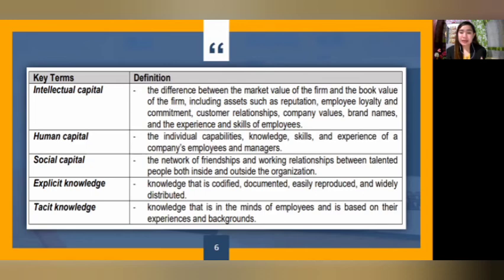Skills that are transferable from one job to another are examples of implicit knowledge. Lastly, we have tacit knowledge. Tacit knowledge, as you can see from the definition here, is knowledge that is in the minds of employees and is based on their experiences and backgrounds. Tacit knowledge is the background or experiences you've learned in your past years.